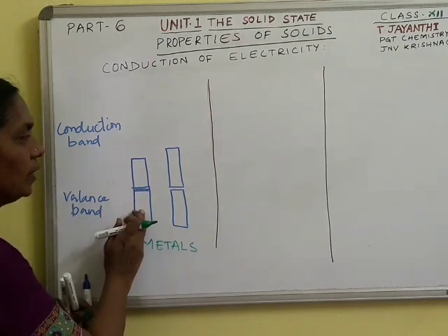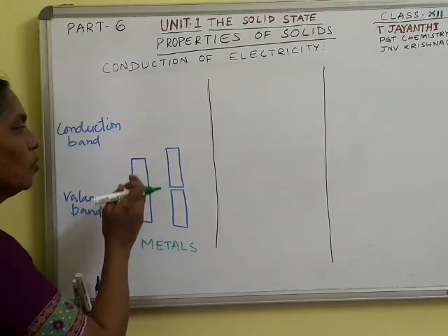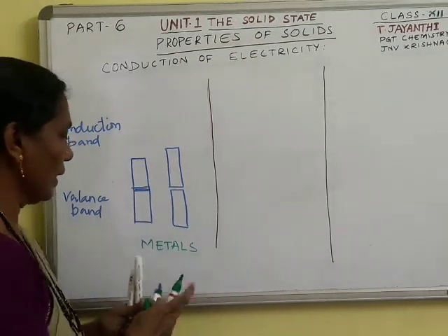That is why the electrons are easily getting excited or they are easily moving in the case of metals. That is why they are allowing the flow of the current.